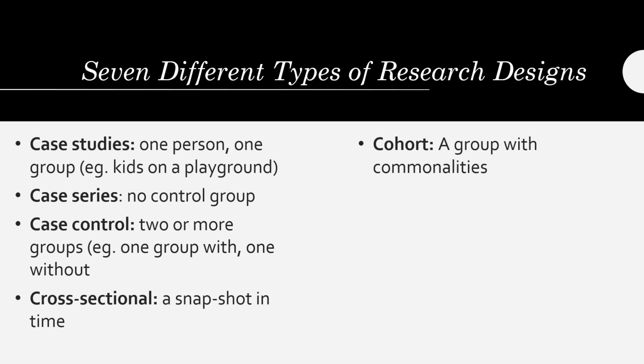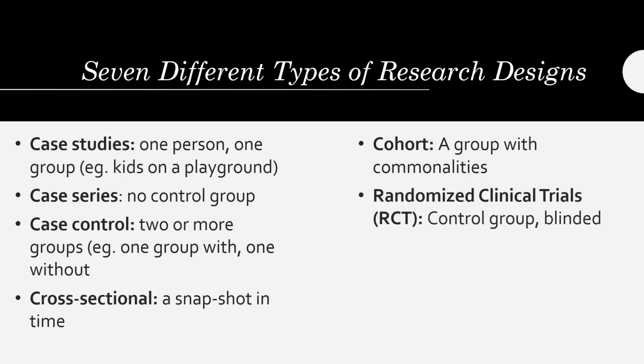So this might be something where we take a group of nurses and ask them some questions, but we're looking specifically at that group because they all have the same occupation. We could do a cohort with a group of people that were all diagnosed with non-Hodgkin's lymphoma on exactly the same day. Now, a randomized clinical trial is where we have a control group and there's blinding that's done, which we'll talk about in later weeks.